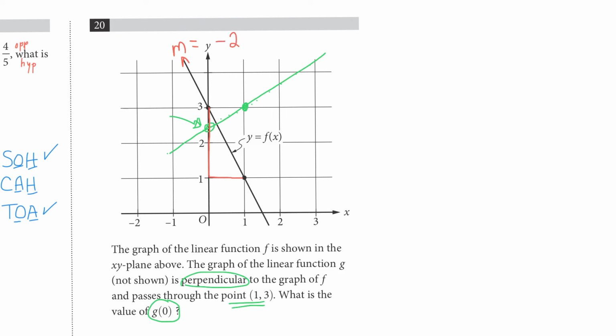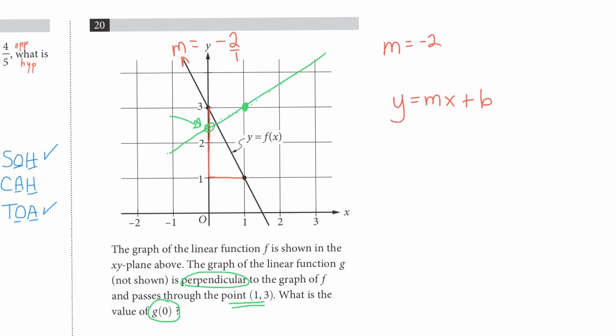So the slope is -2 over 1, or just -2. So we have the slope of that line, and we're going to look for the y-intercept. So we need y equals mx plus b, and we know that the slope of the given line is -2.